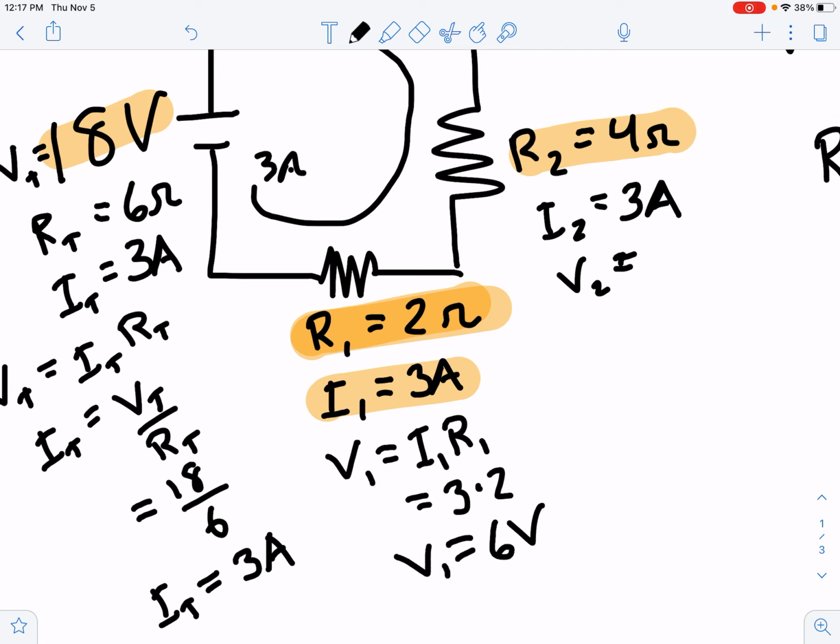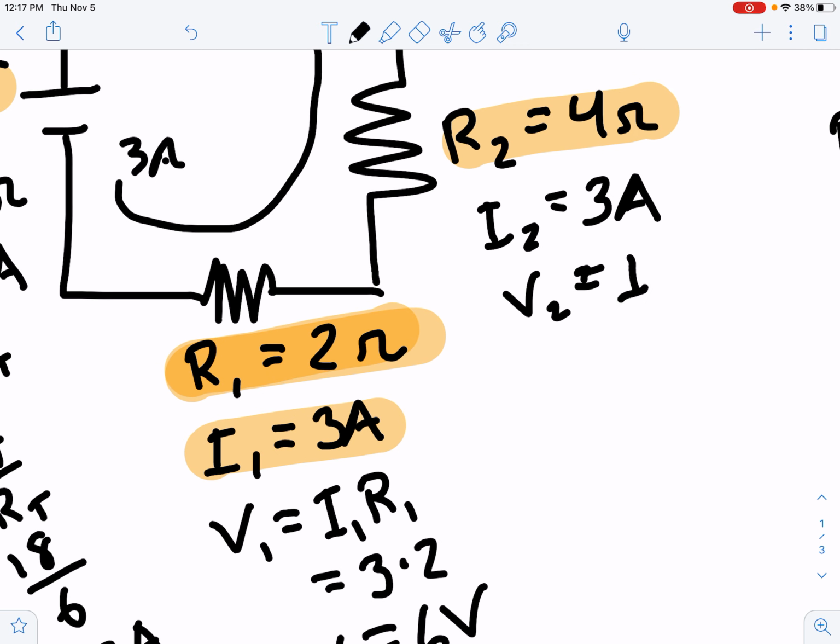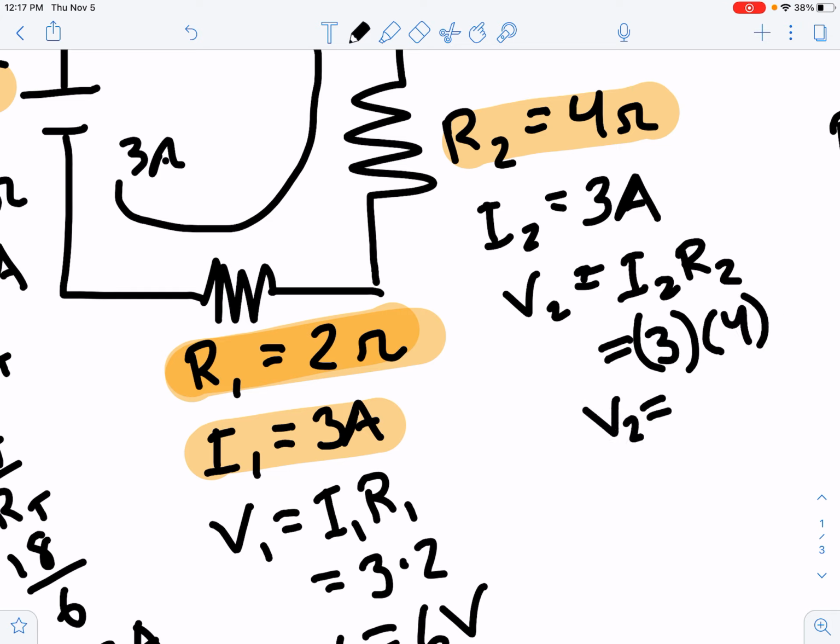So our V1, the voltage that resistor 1 uses, is 6 volts. Over here for V2, we do the same thing. V2 is equal to I2 R2. Our I2 is 3. Our R2 is 4. So our total V2 is 12 volts.